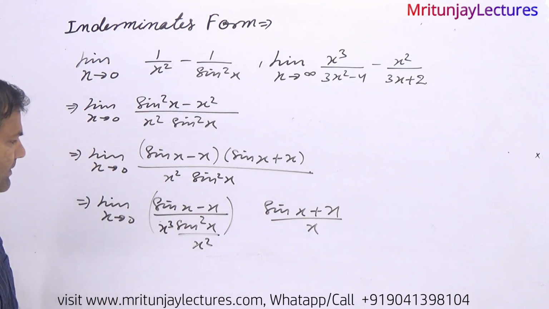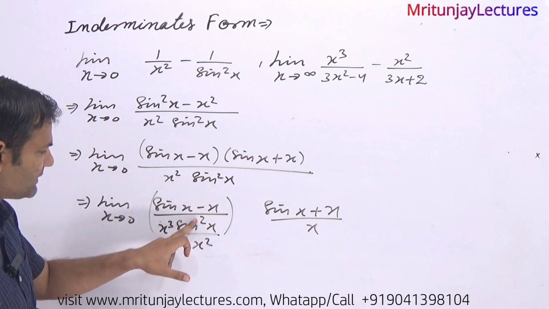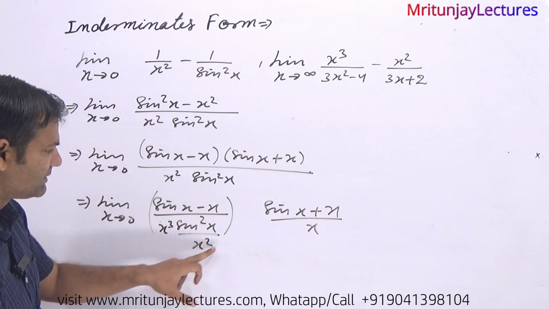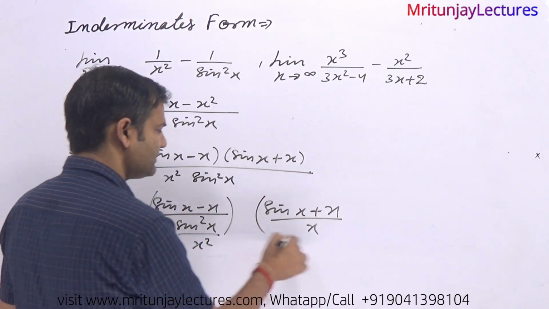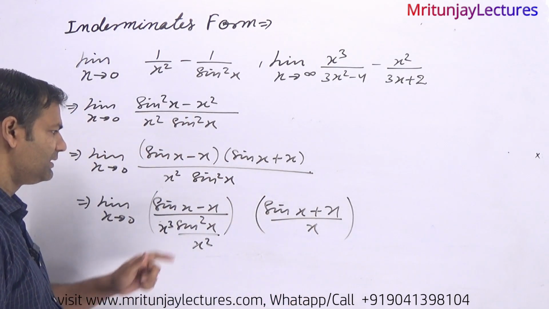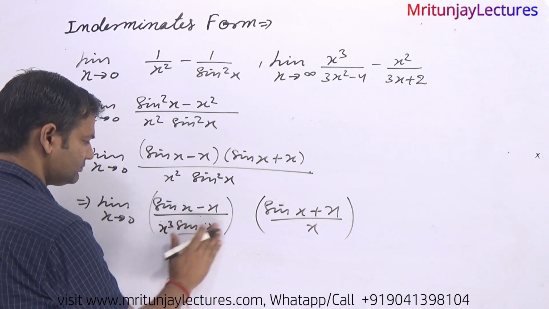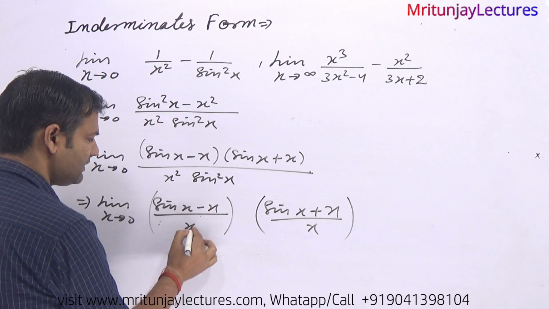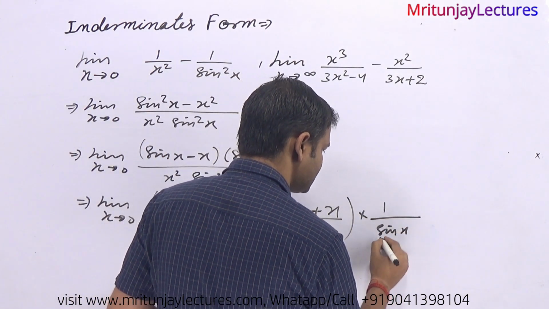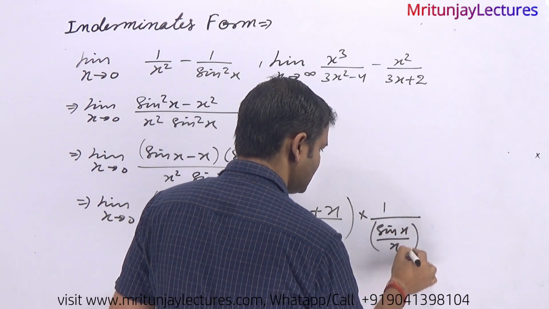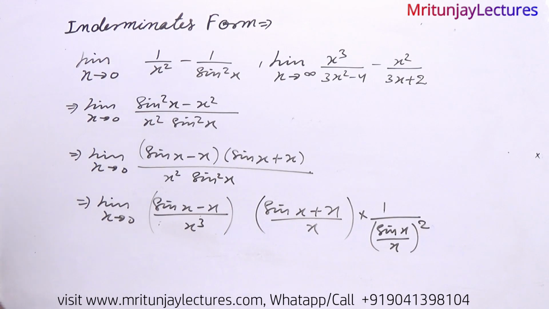Clear? You can say that it is divided by x square by sin square x by x, written like this. After that, it is better to write x cube here, 1 upon sin x divided by x, the whole square. Clear?